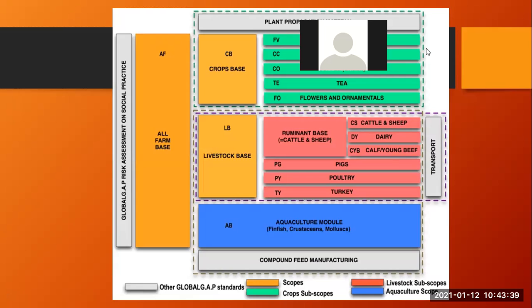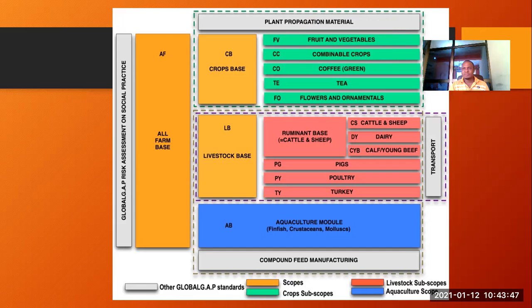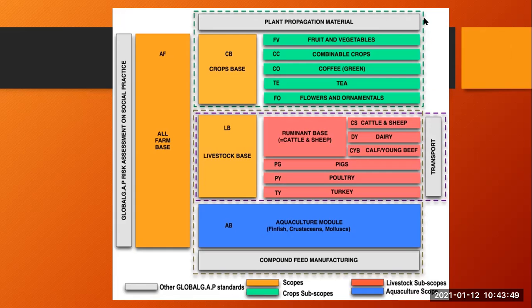Now let's look at how the GlobalGAP standard is organized. The GlobalGAP standard is organized as you can see on the screen. So you have requirement for all farm base.